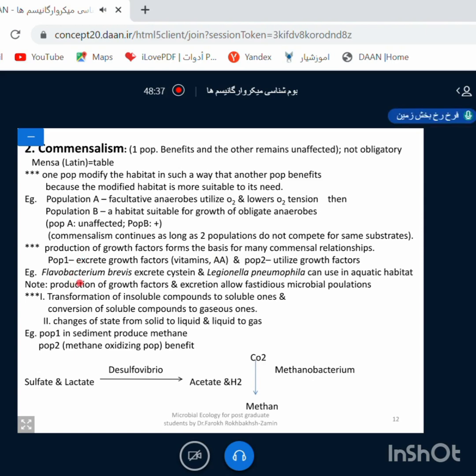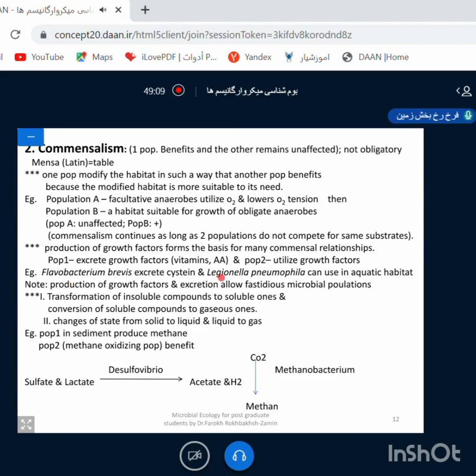Example: Flavobacterium brevis excretes cysteine and Legionella pneumophila can use it in aquatic habitat. If Legionella is present or absent, Flavobacterium excretes cysteine. So the presence or absence of Legionella is neutral for Flavobacterium.